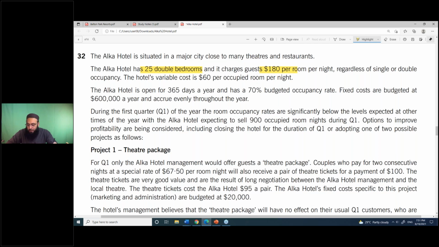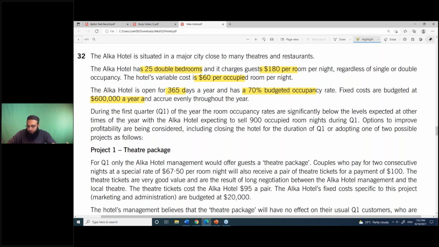The hotel's variable cost is 60 per occupied room per night. The Alka Hotel is open for 365 days a year, and 70% of the budgeted occupancy rate. Fixed costs are budgeted at 600,000 per year and accrue evenly throughout the year.